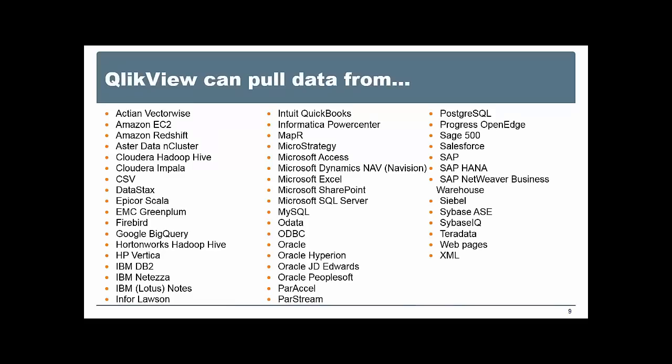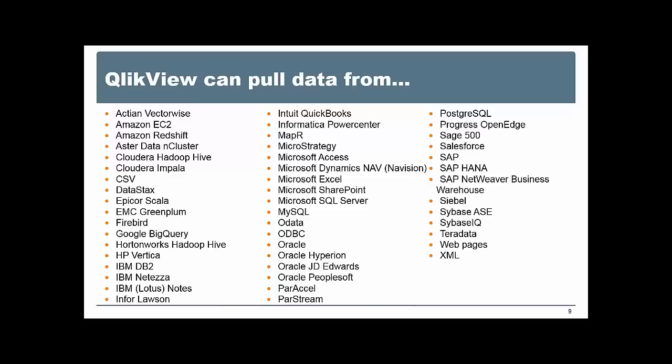When pulling data, Joel had mentioned that you can pull data from disparate data sources and create your own little data model inside of QlikView. This is what I'll call the short list, and as you can see, it's not exactly short. But if you're trying to get an idea of, well, can QlikView work with my program, the program that holds my data? Well, you can see this list here. If the data source that you have is in this list, then two thumbs up, you're already ready to go.